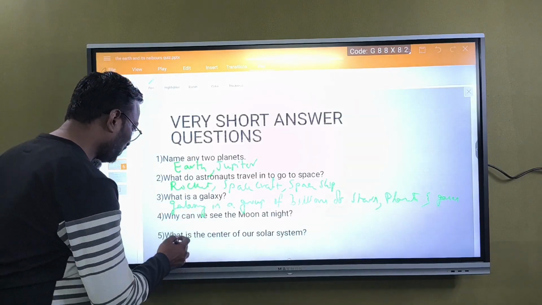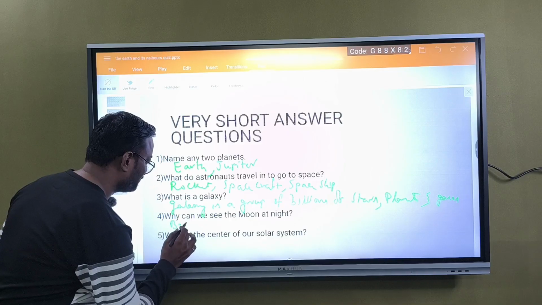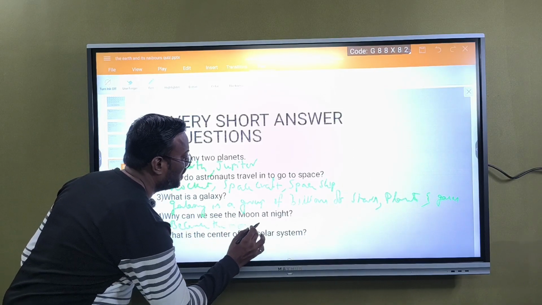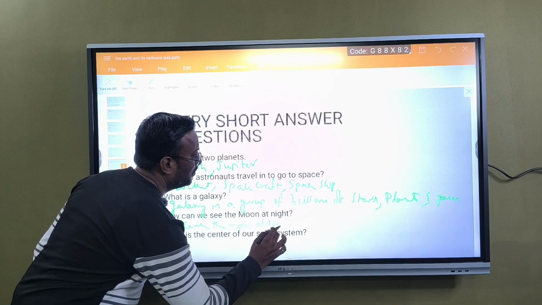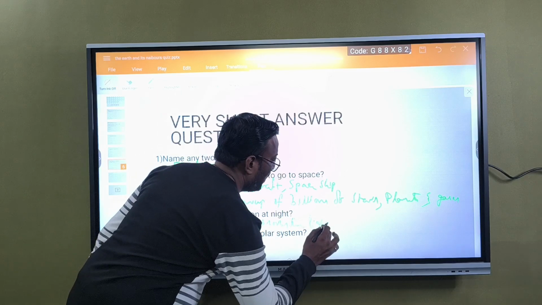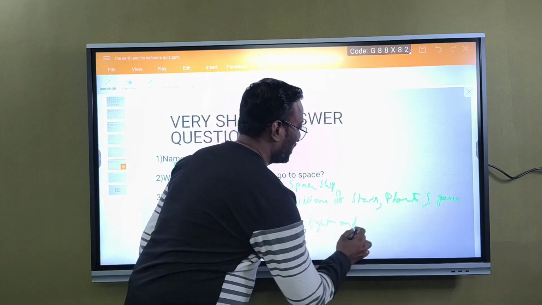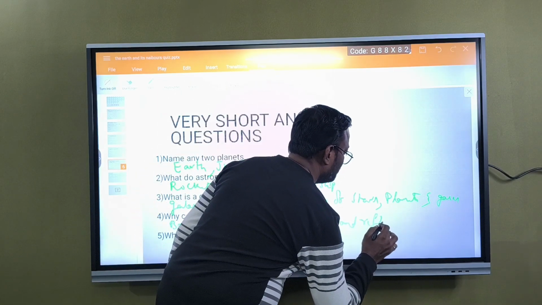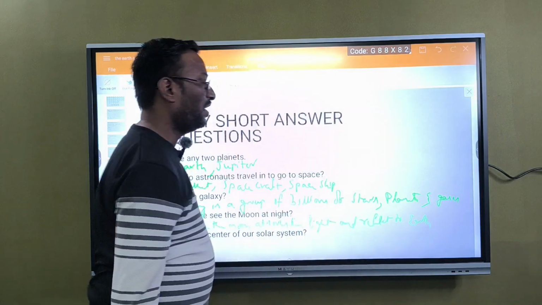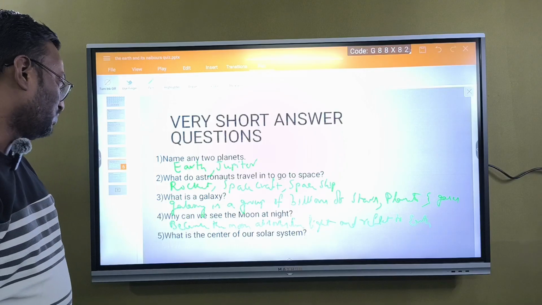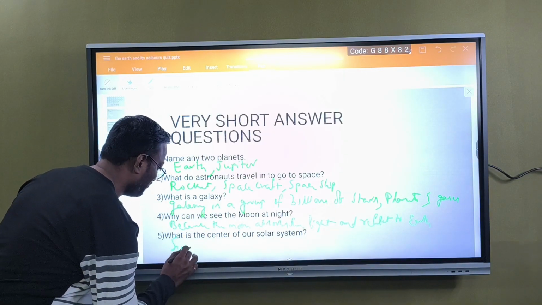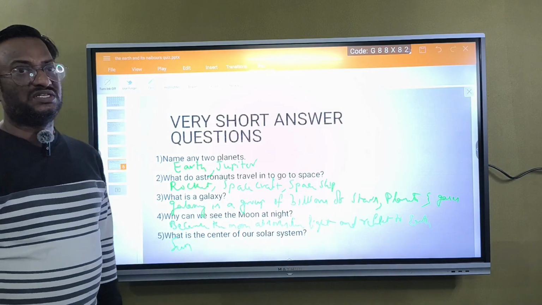So the moon absorbs sunlight and reflects it to earth. That is why we are able to see the moon. Which is the center of our solar system? The Sun is the center of our solar system.